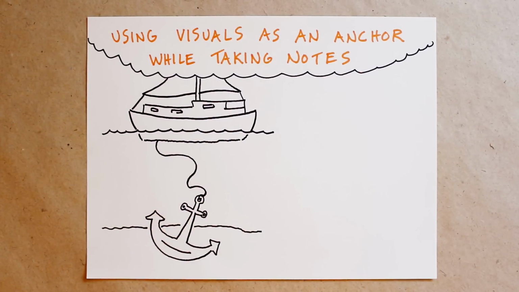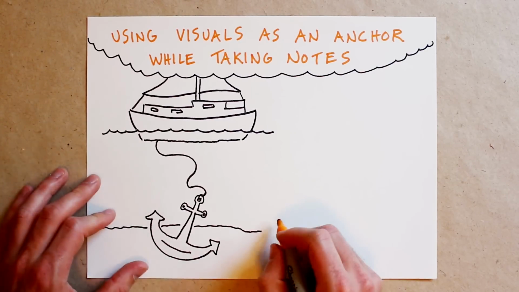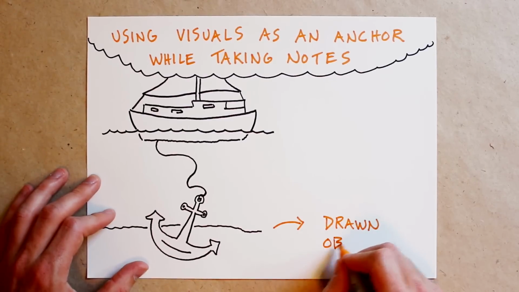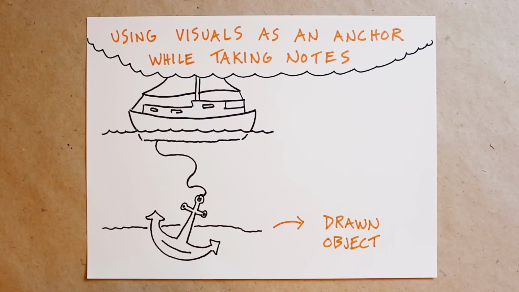So let's break down this scene that you see here, starting with the anchor. When you are taking your visual notes, the anchor is something as simple as a single drawn object. That drawn object has some connection to the ideas being shared or the story that is being told.